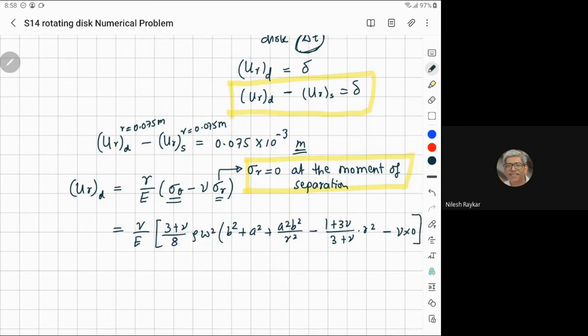So this is the condition that we have to satisfy, and this we have to do at r equal to the inner radius, which in this formula a is the inner radius and b is the outer radius. So we are doing calculations at r equal to a.